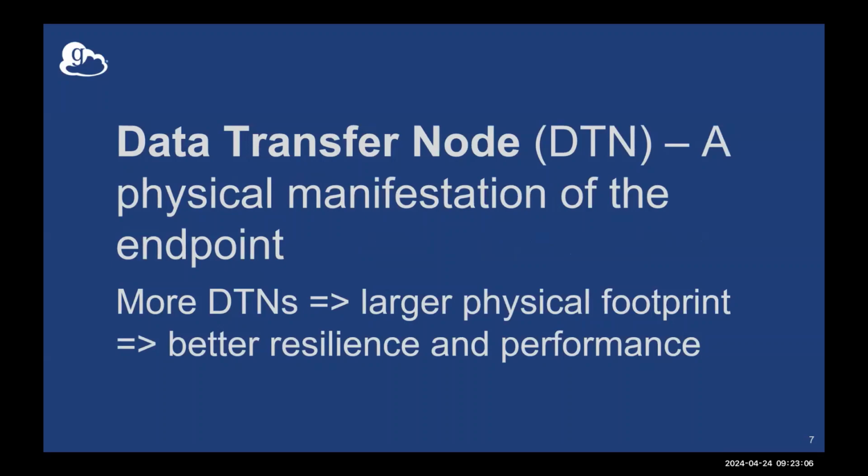It can be a virtual machine, it can be physical hardware, doesn't matter. It's still a server that actually does the serving of your storage. You can have more data transfer nodes within an endpoint, and with a larger physical footprint, you get better resilience and performance.